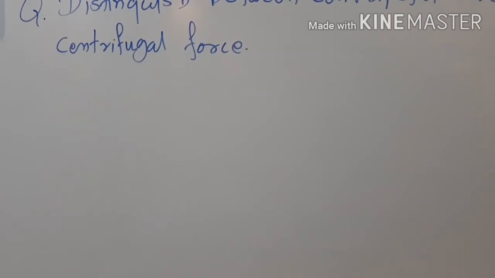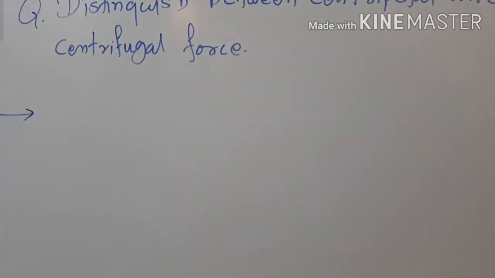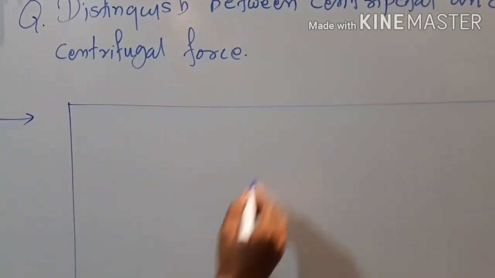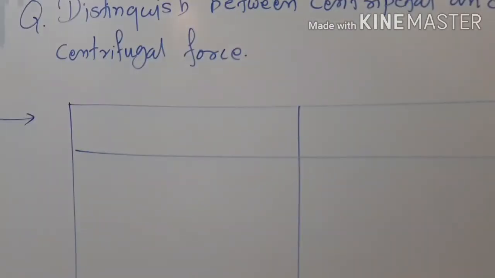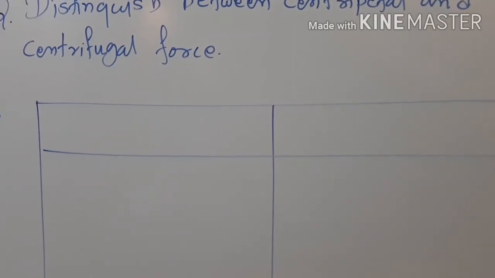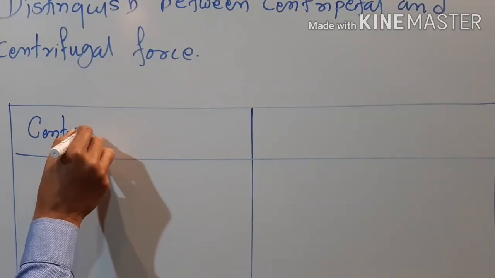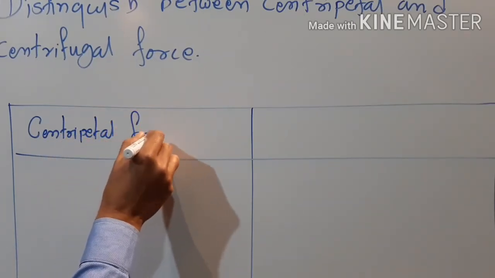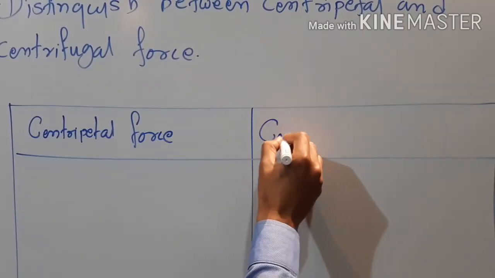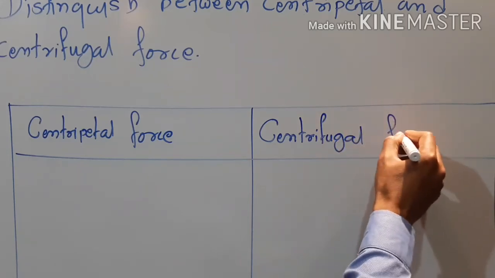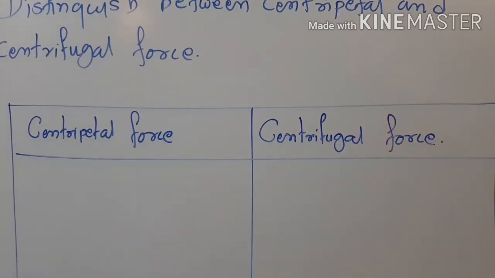And then for the answer, for the distinction, draw a table having two columns. First column is centripetal force, second is centrifugal force.